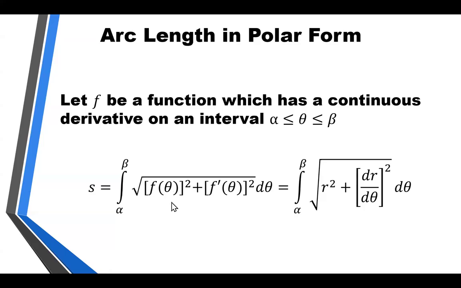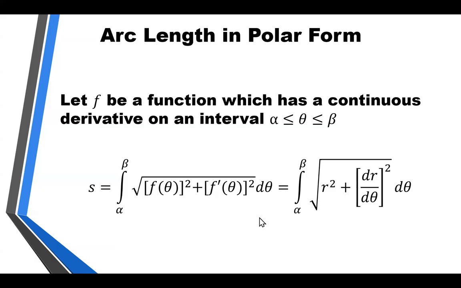Oftentimes, because r is equal to a function of theta, I think of that as the square root of r squared plus r prime squared. That is r squared plus the derivative of r with respect to theta squared, integrated from alpha to beta.